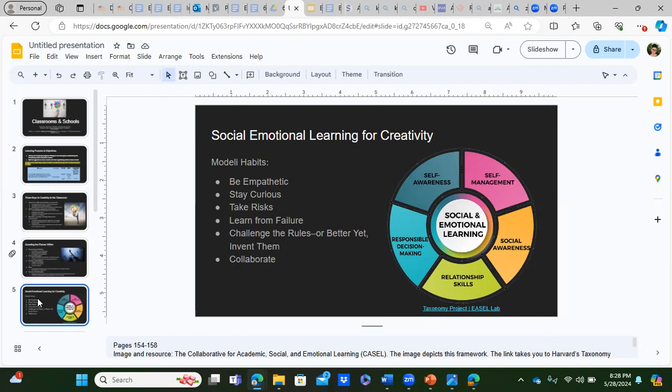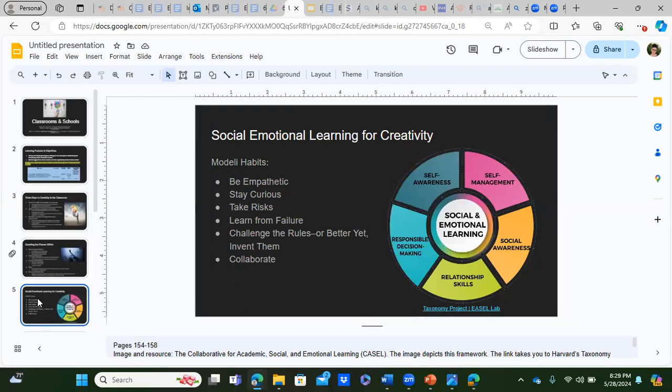So this is very important. If you can just take a moment and look at these: self-awareness, self-management, social awareness, relationship skills, and responsible decision making. These are very important. This actually goes hand in hand with, on the left, another list that I put in, and you can see that these go hand in hand.